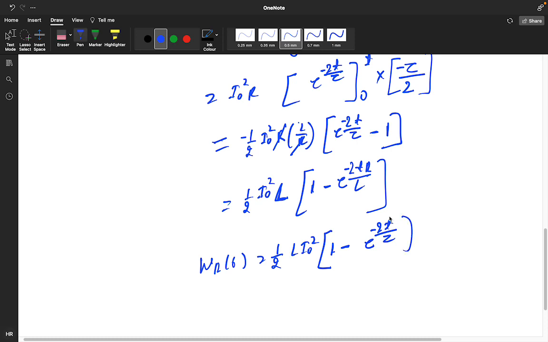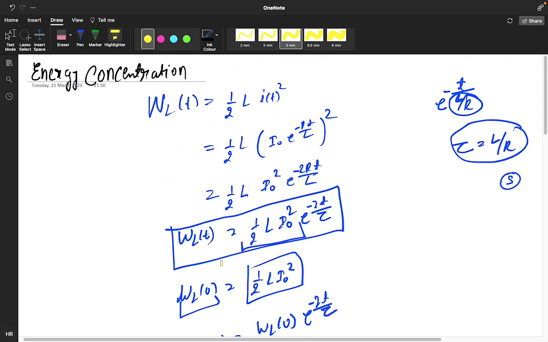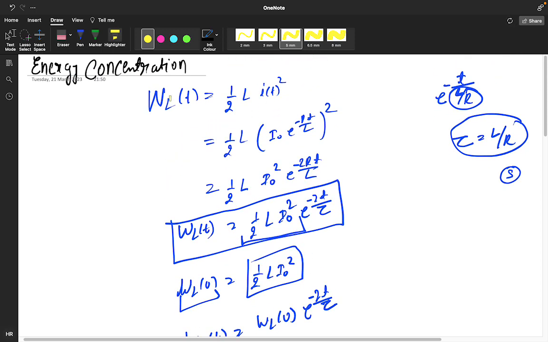Just consider L by R as tau. So this is my formula for energy stored in resistor. See what I did. Energy for inductor is half Li square, everyone knows. I just put the value of I of t that we derived, and I of t is I naught e power minus Rt by L, the whole square.